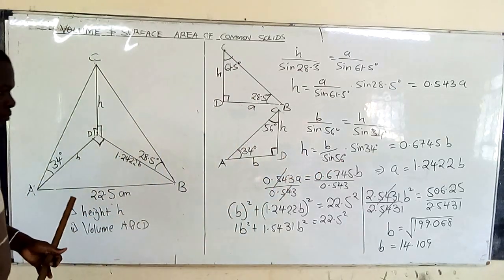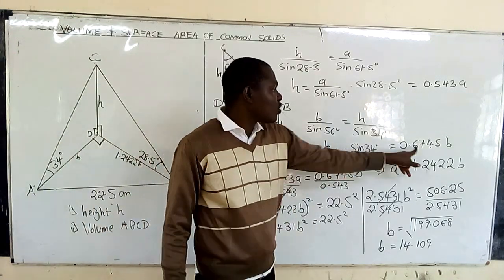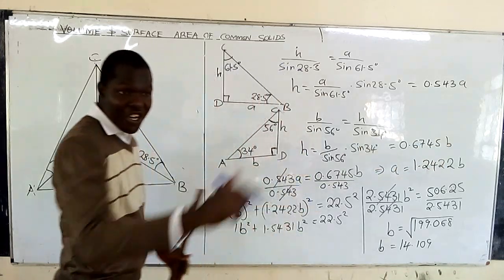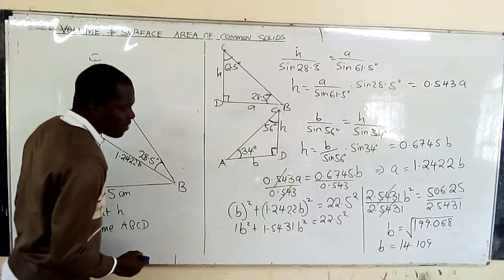So what is edge? Edge, use the relationship of H and B. Edge was equal to 0.6745 B. So can you do that? Get me the value of edge.